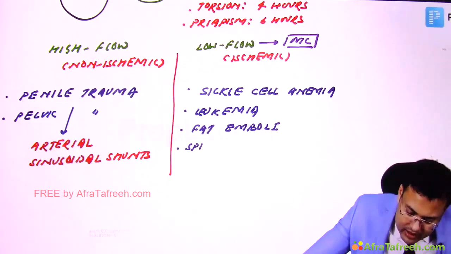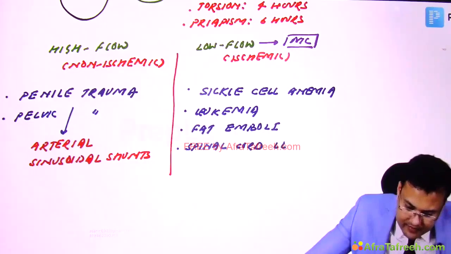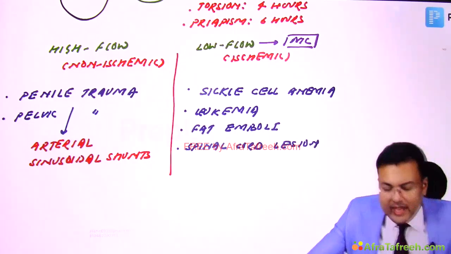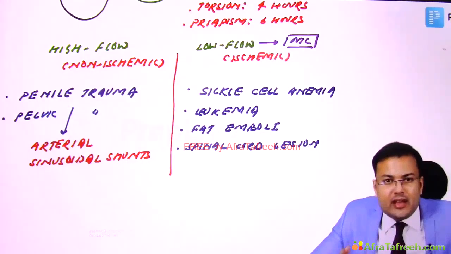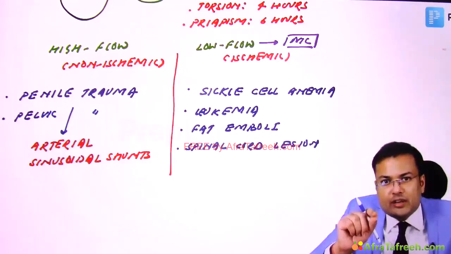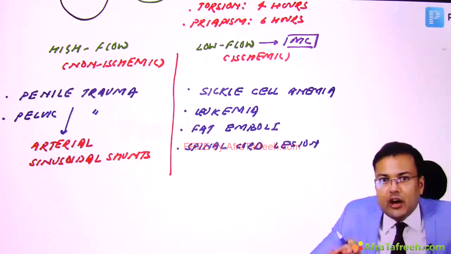In spinal cord lesions, and malignant penile inflammation. Malignant penile inflammation means suppose patient is having carcinoma penis, and in carcinoma penis there is hematogenous spread. So tumor emboli are going to enter into the veins, and these are going to cause what? Obstruction. So a question is asked, what is the first sign of metastasis in carcinoma penis?